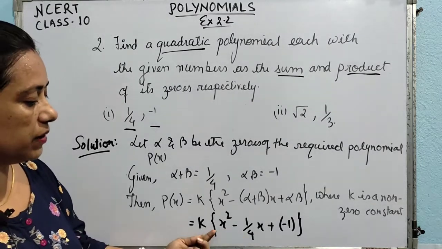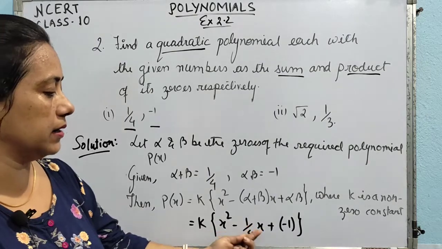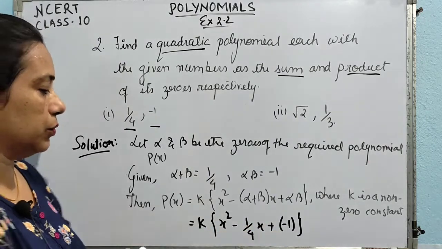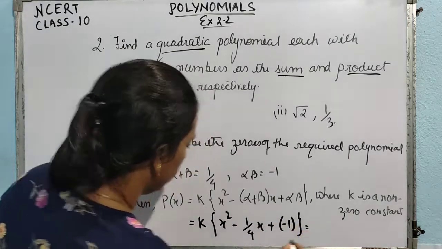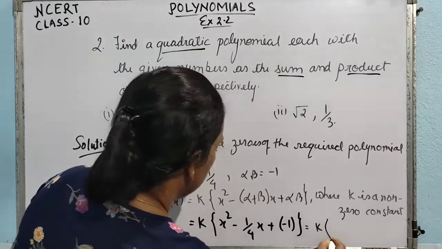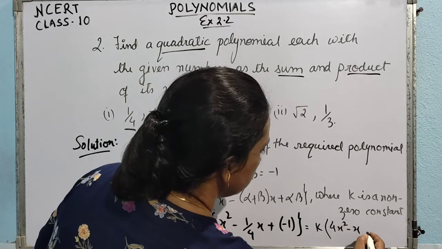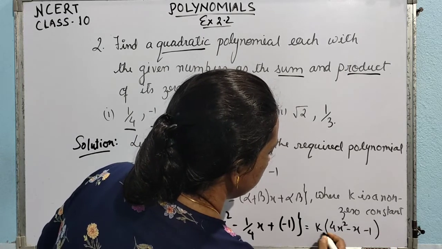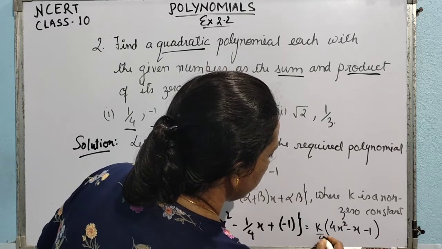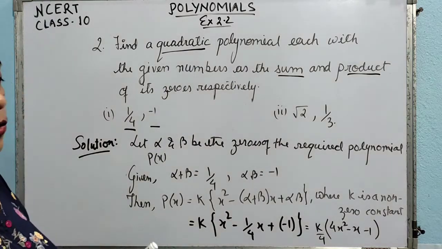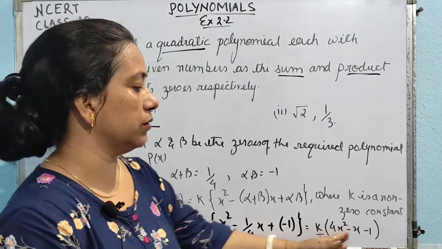You can just simplify it by writing 4x square minus x minus 1, otherwise up to this. I am just writing one more step here: k into 4x square minus x minus 1. You can take 4 here, and if you consider k to be 4, you can cancel this one and write this one.